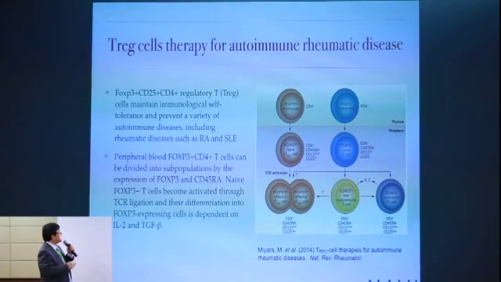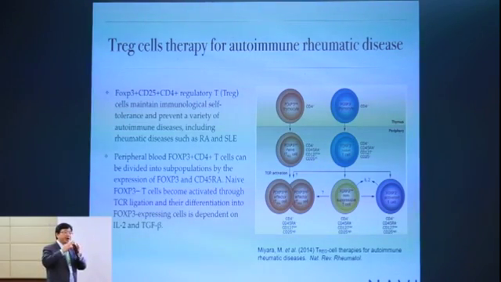Firstly, I want to introduce a cell named the Treg cell. This is a kind of T cell. The regulatory T cells can suppress our immune function. Why should immune function be suppressed? Because the immune system is a network that must be kept balanced.